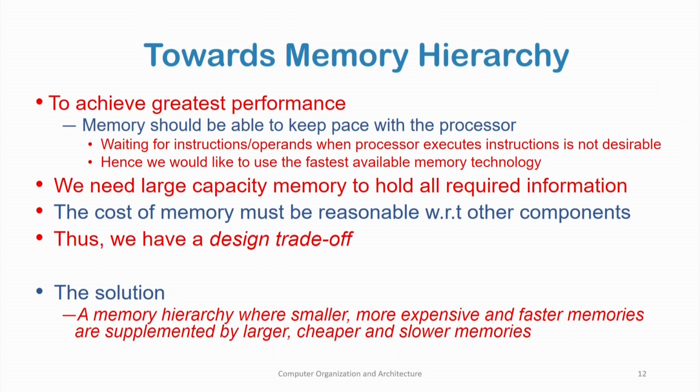Although SRAMs are very fast in terms of access time, they are also very costly. The solution is to have a memory hierarchy where smaller, more expensive and faster memories are supplemented by larger, cheaper and slower memories.